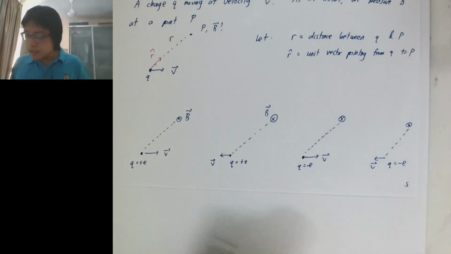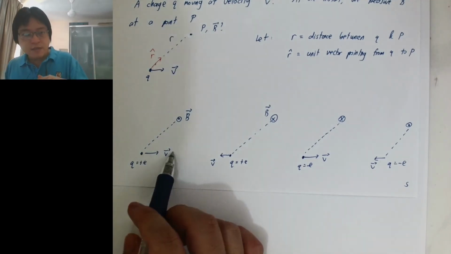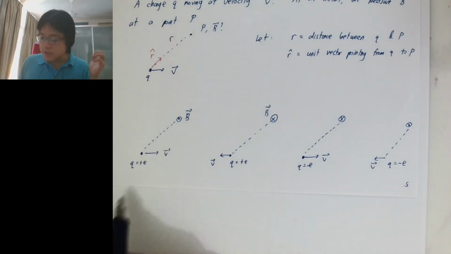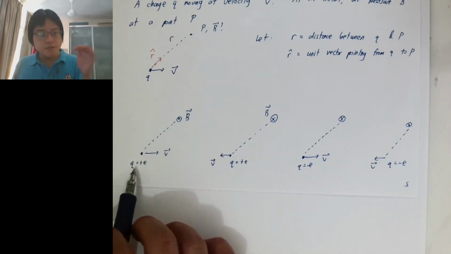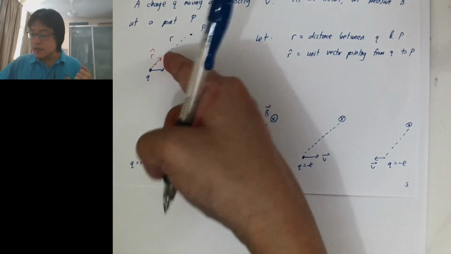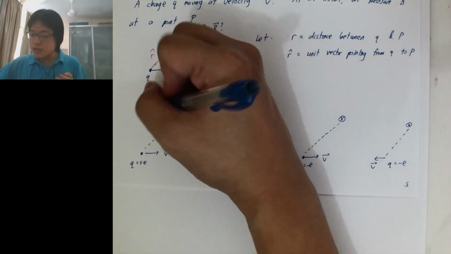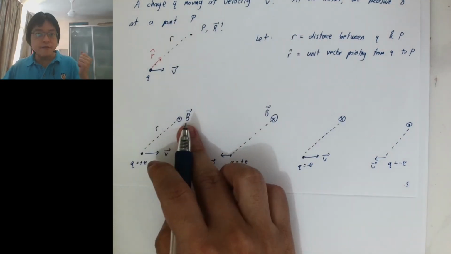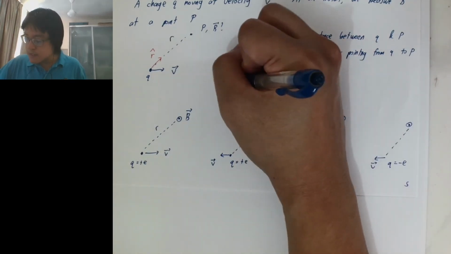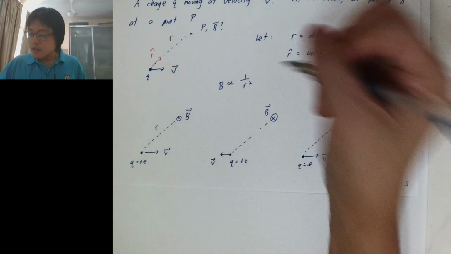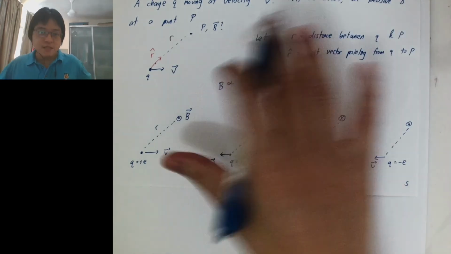So it depends on the direction of v, and on the sign of the charge. And the reason why we define distance is because the strength of the magnetic field depends on the distance as well. It turns out that the magnetic field is inversely proportional to r squared. So these are the experimental results.